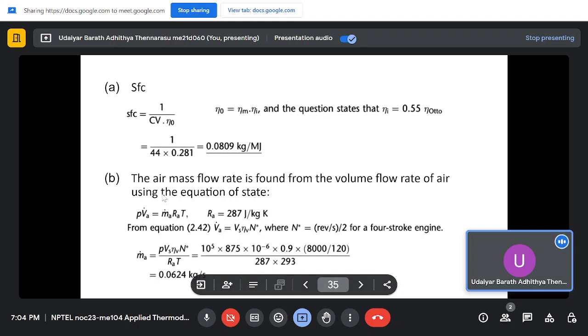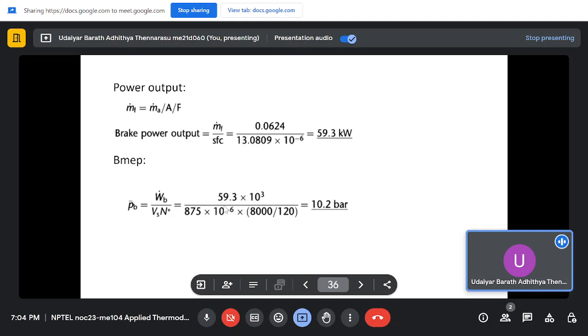So we have calculated the mass flow rate. The next question is to find out the power output. So we have calculated ṁA, and we know the air fuel ratio, so we can calculate the mass of fuel. Mass of air by mass of fuel is the air fuel ratio, so ṁA divided by 13 gives the mass of fuel.